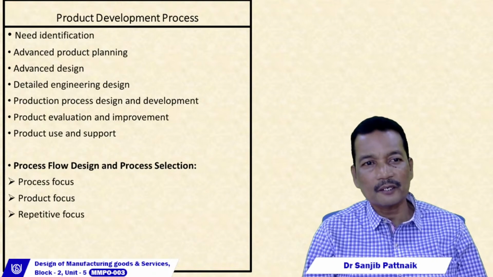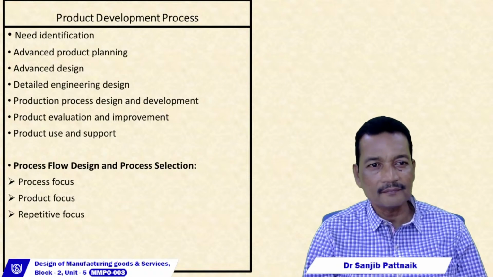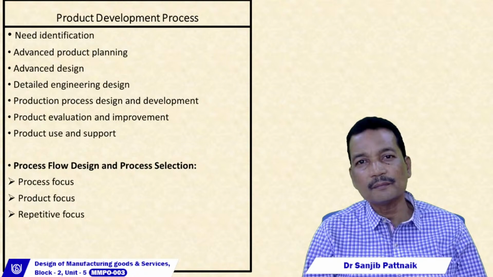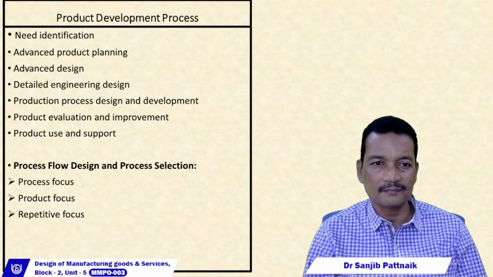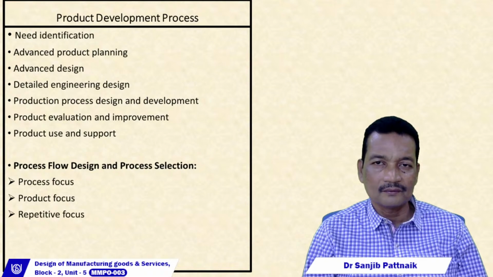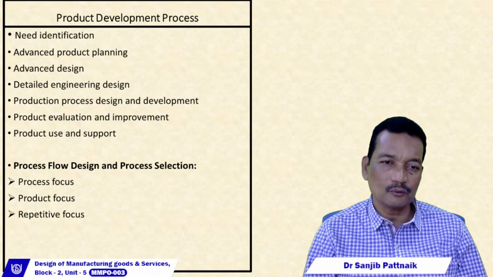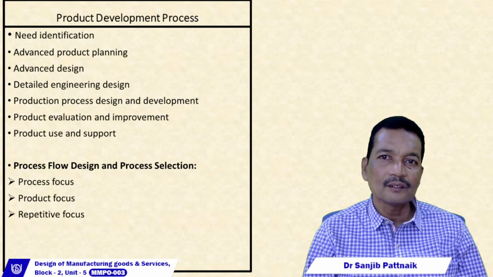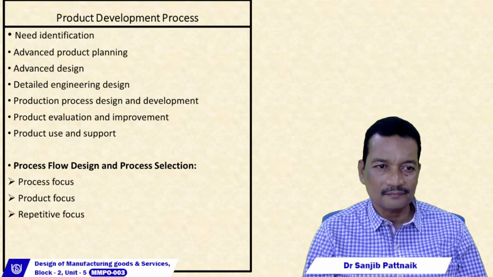Now, after the engineering design is ready, we go to design the process which will be manufacturing the products. Once the product design and the process design are ready, we try to produce the items.